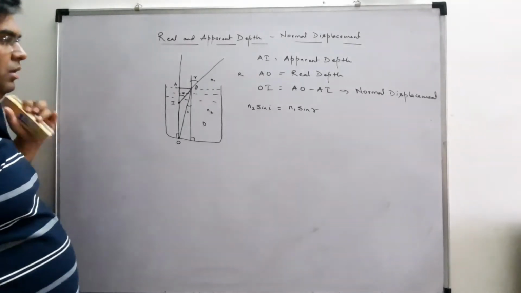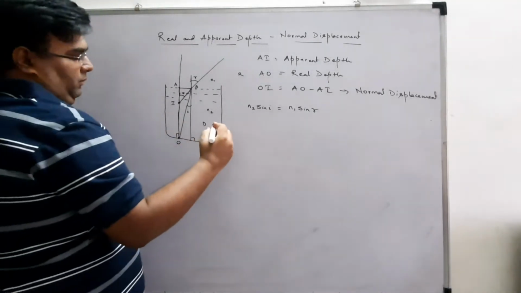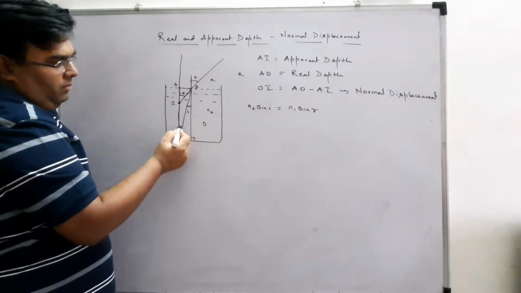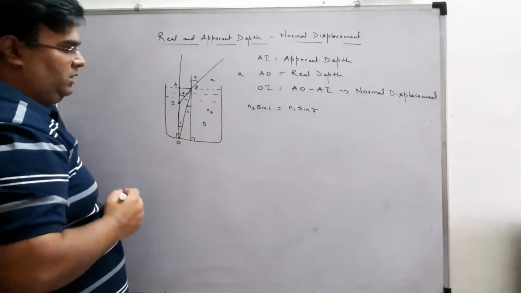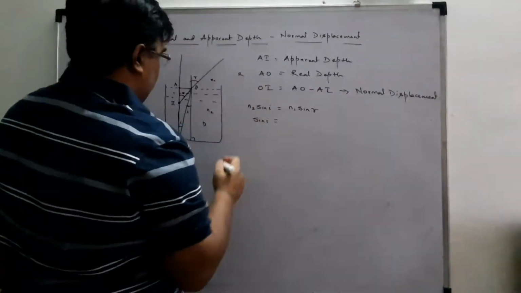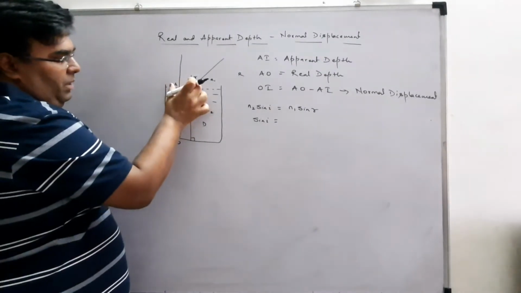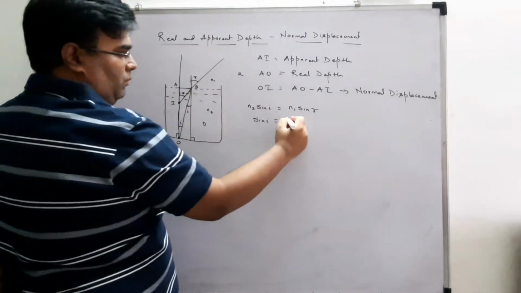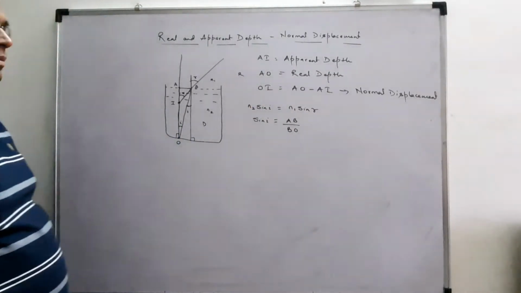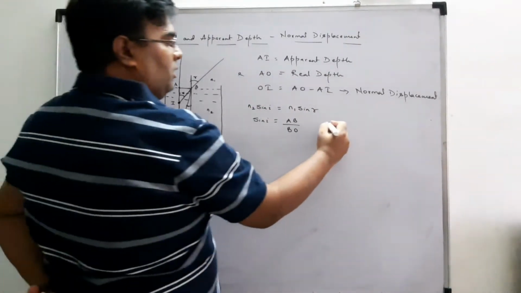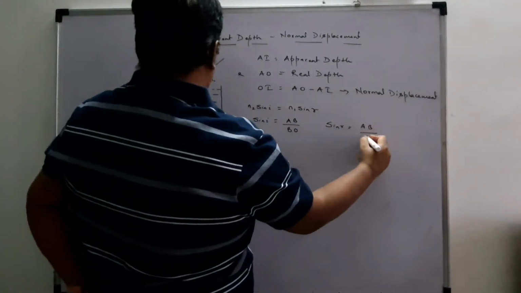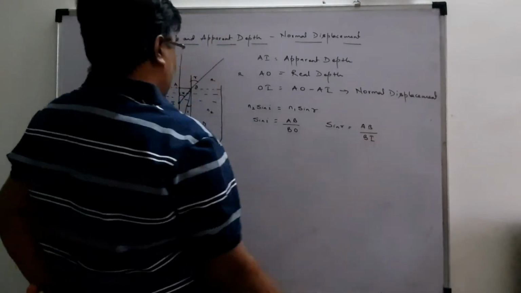What is my sine I? Now if this is I, this is also I, alternate angles. So sine I we can say is AB upon BO, and sine R similarly will be AB upon BI.